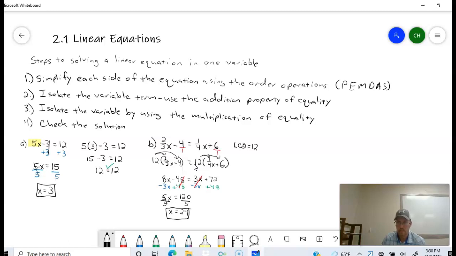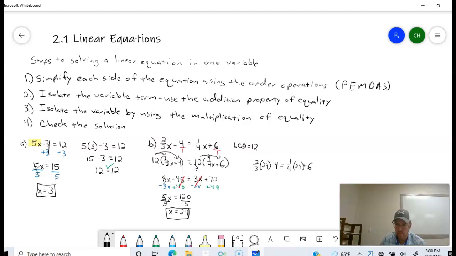Alright. So when I go to check it, 2/3 times 24 minus 4 equals 1/4 times 24 plus 6.